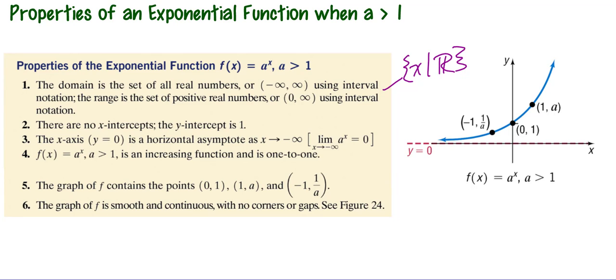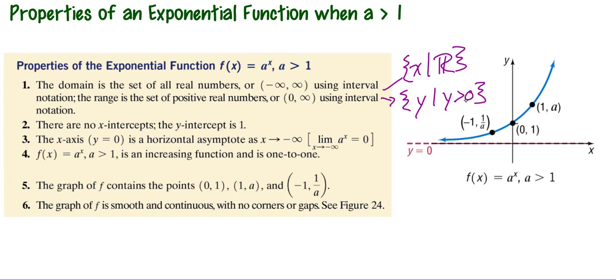If we're talking range, our range is a set of positive real numbers, not including 0. So if we write it the way we're doing this, we could write it like y where y is greater than 0. And that's another way we could write it other than interval notation.